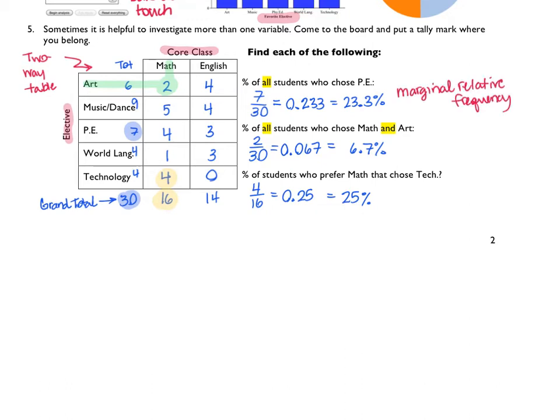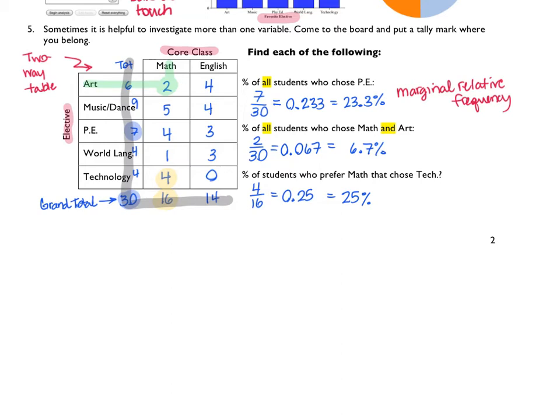It's called marginal because we built it from numbers really in the margin on the outside of the table. So anytime you're using the totals and the grand total, a column total, a row total, and the grand total to come up with one of these proportions or one of these percentages, we call that a marginal relative frequency.